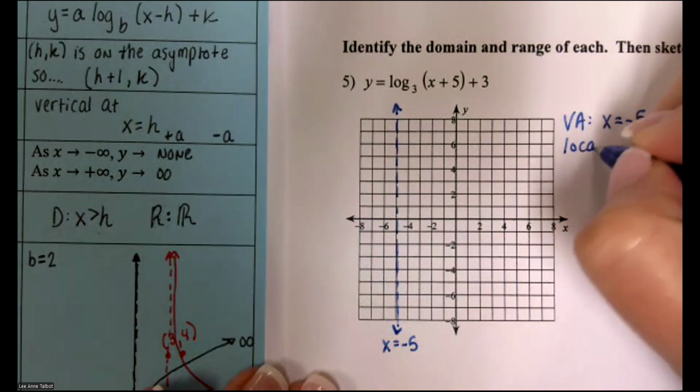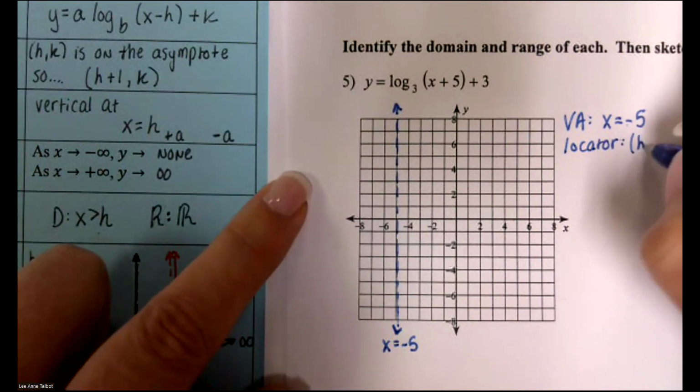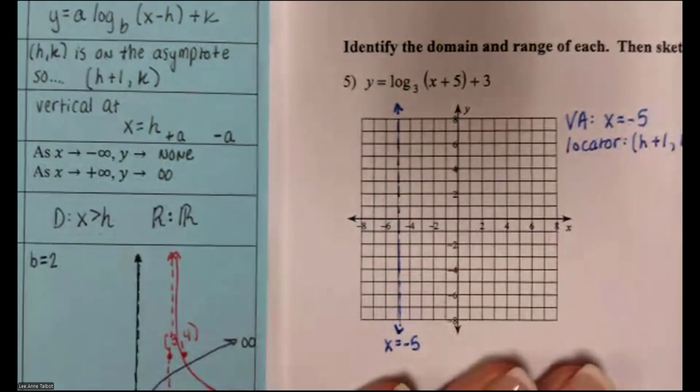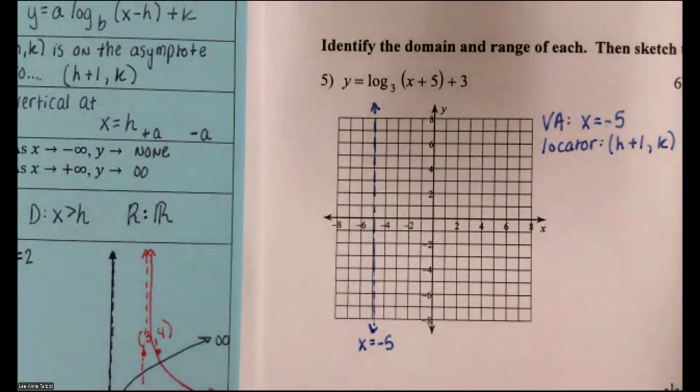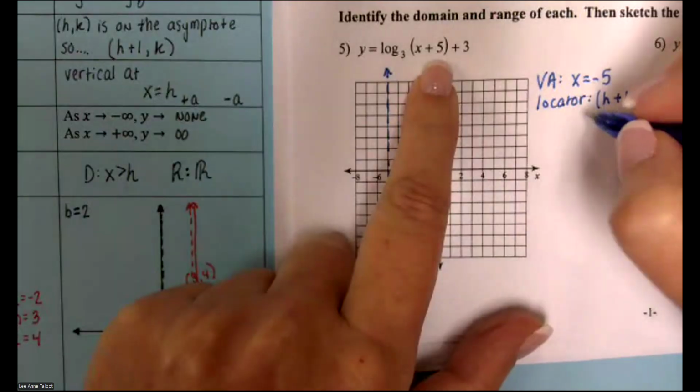Okay, next step for me is to find the locator point, which is h plus 1 comma k. Okay, h is -5.